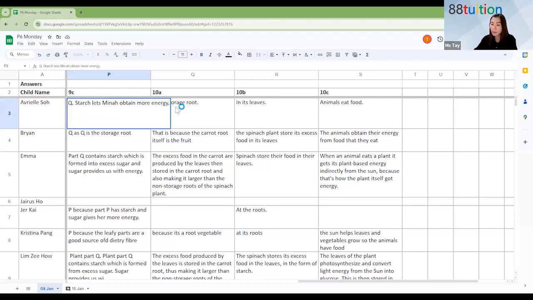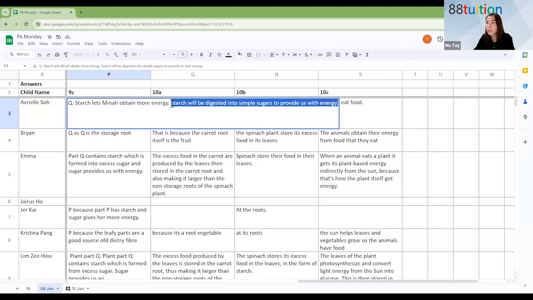Okay, now everybody take note. There is one thing you have to understand about starch. Okay, so this part here, I would like you to write down somewhere.